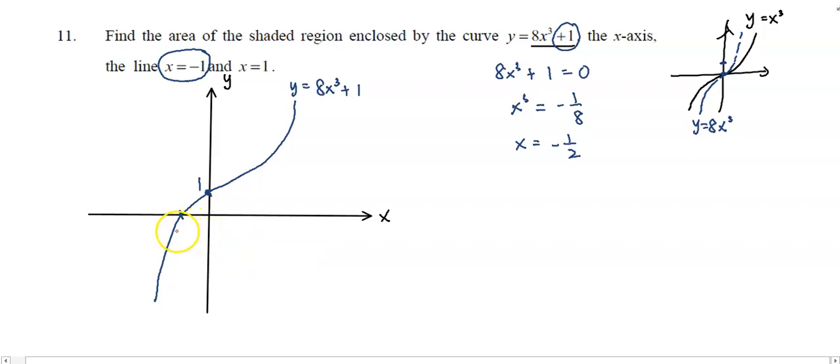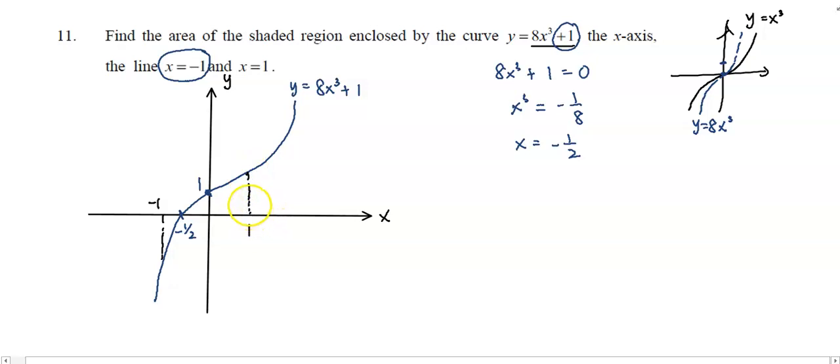So the x-intercept is -1/2. Now you can be sure that you need to sketch x equals -1 somewhere at the left hand side of -1/2. So you are getting the area from -1 to 1.